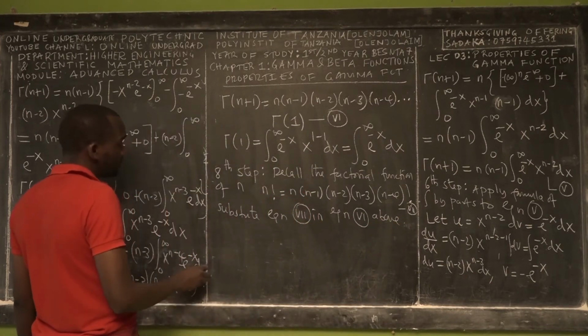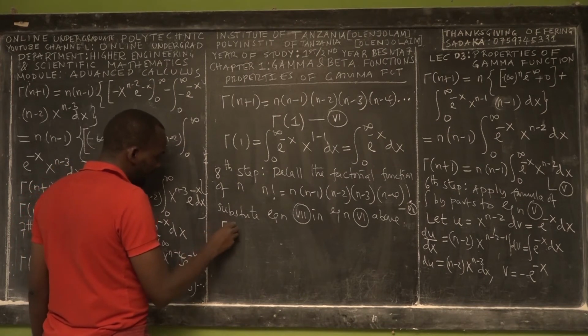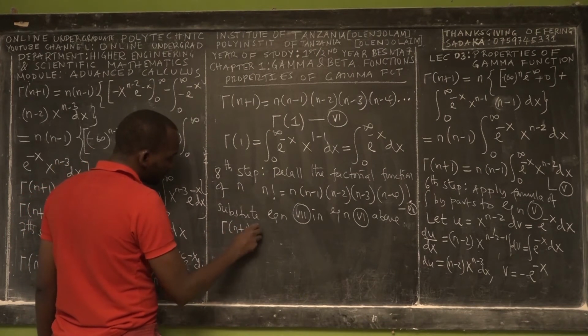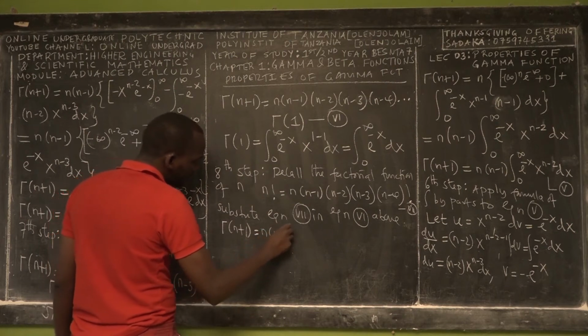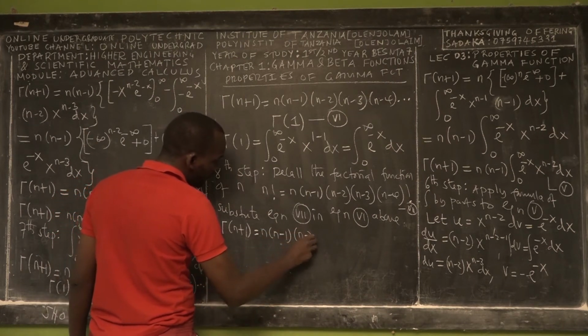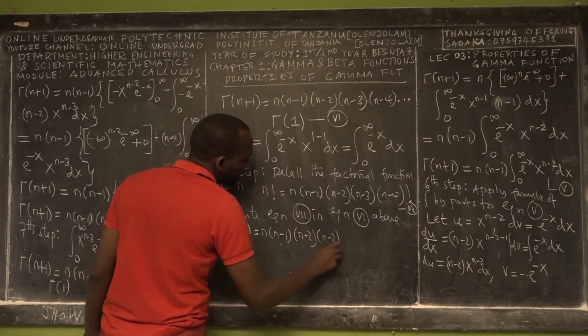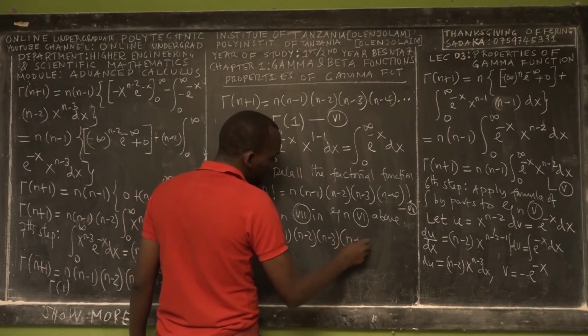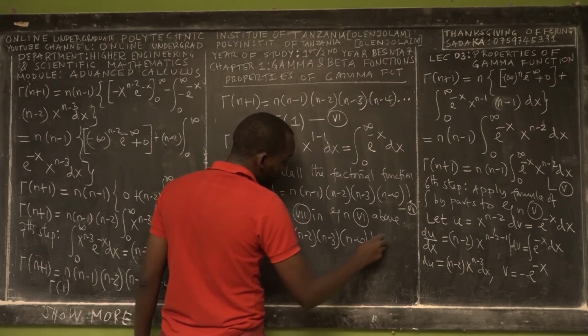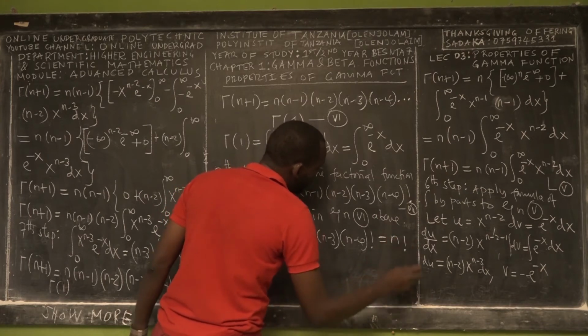When we substitute it, we find that gamma of n plus 1 is equal to n, n minus 1, n minus 2, n minus 3, times n minus 4 factorial. This is equal to n factorial.